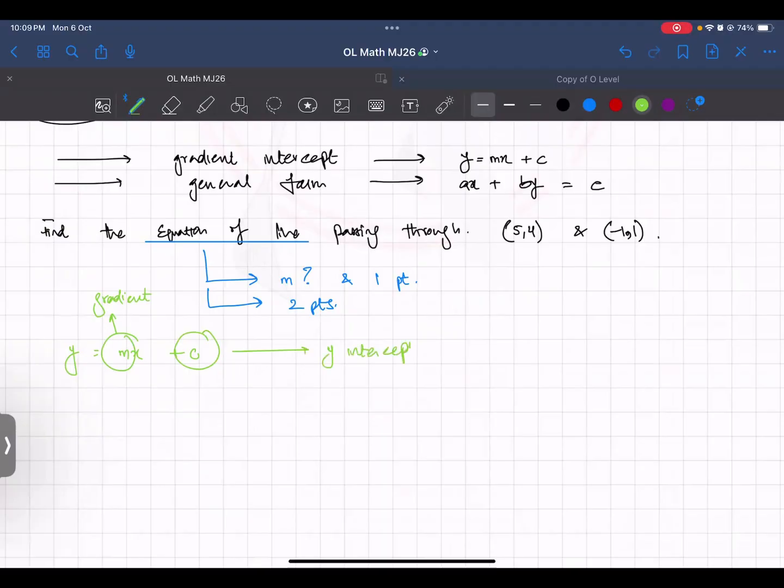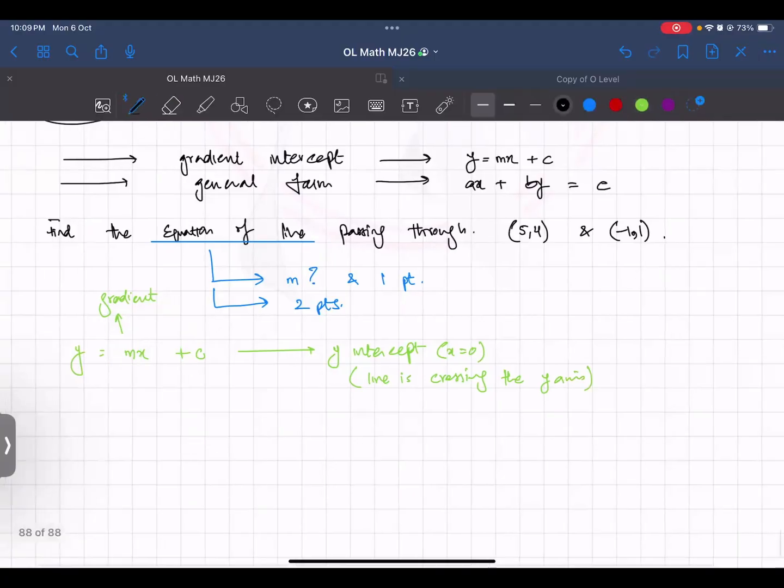Y-intercept means where your x is 0, where the line is crossing the y-axis. M and c.